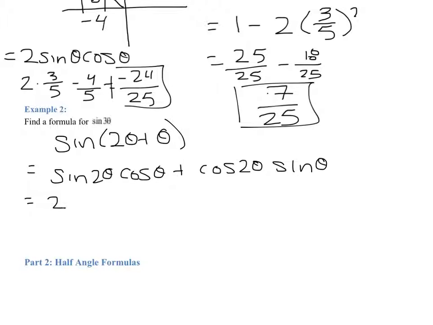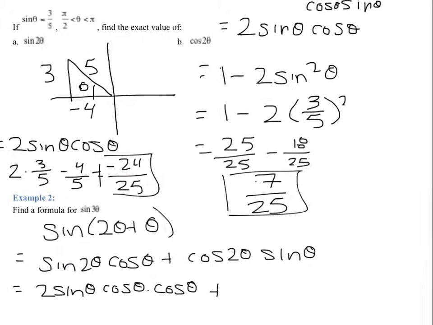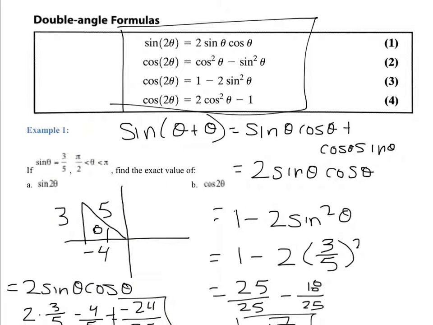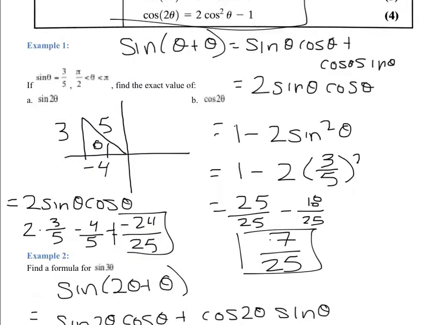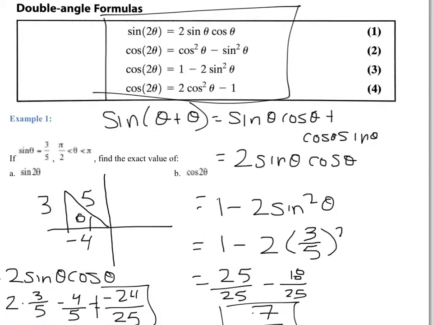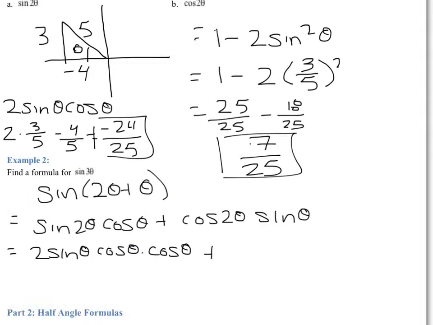That's going to be 2 sine cos times cos plus cosine of 2 theta. We can look back up. We see that we have a couple options. So I'm going to choose, since we're working with sines and cosines, I'm going to do cosine squared minus sine squared.